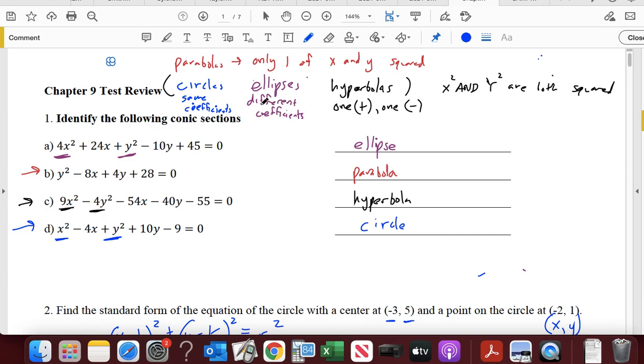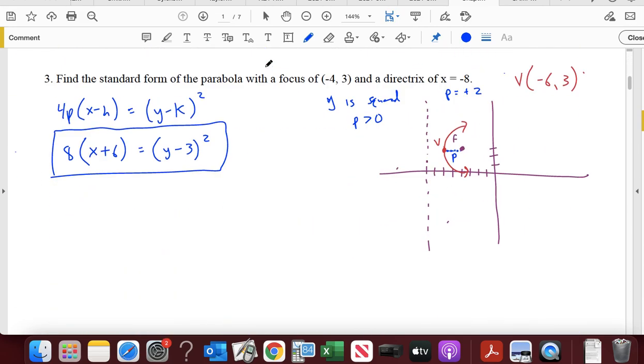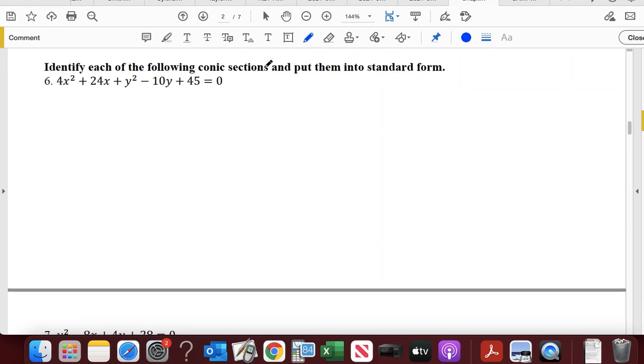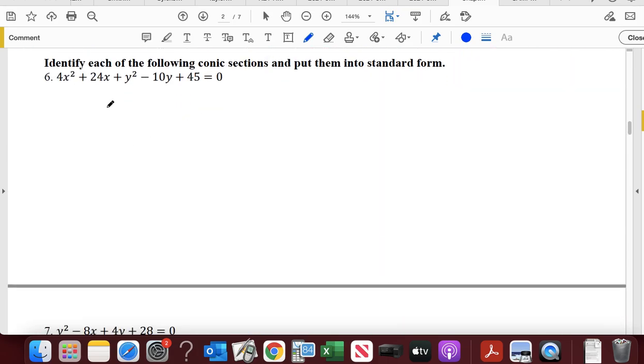Whereas hyperbolas could have the same or different coefficients, but have different signs. That's the key for hyperbolas. For all three of these, you have both x squared and y squared. And then for parabolas, only one of x and y squared. So if we look at number 6 here, we've got x squared and y squared, so it's not a parabola. And they're different coefficients, and they're not opposite signs. So we know this must be an ellipse.